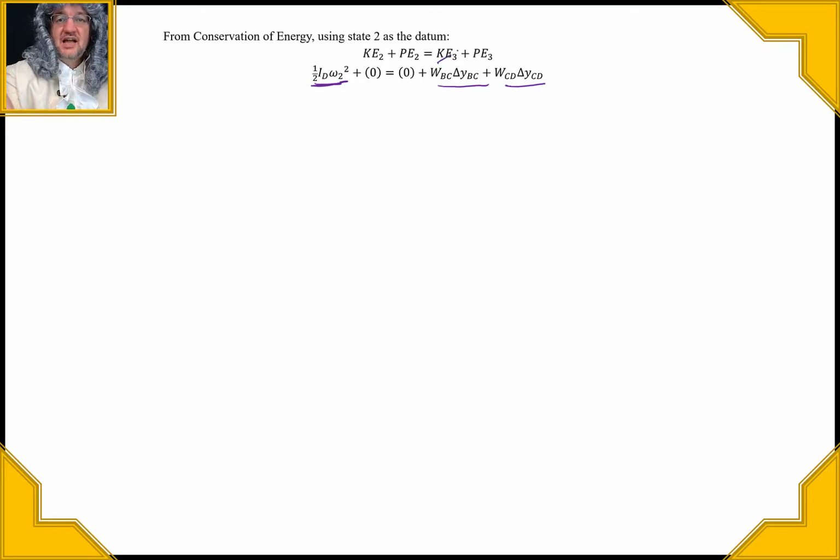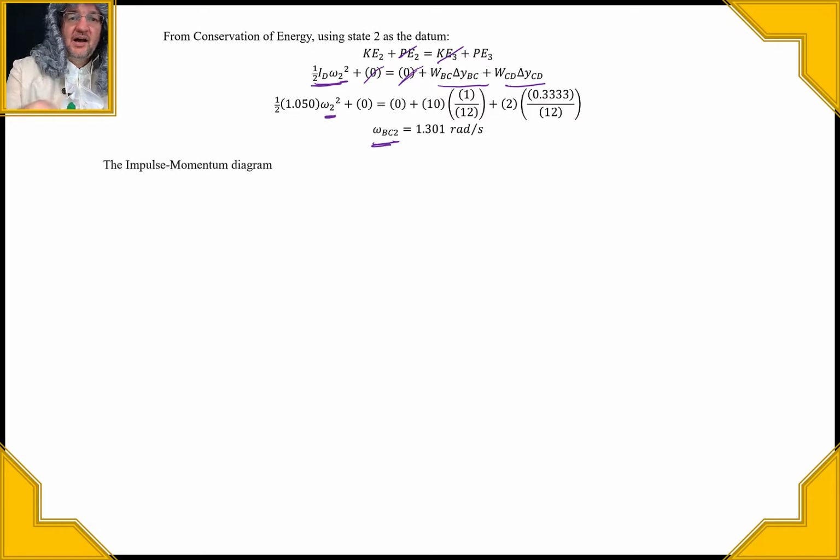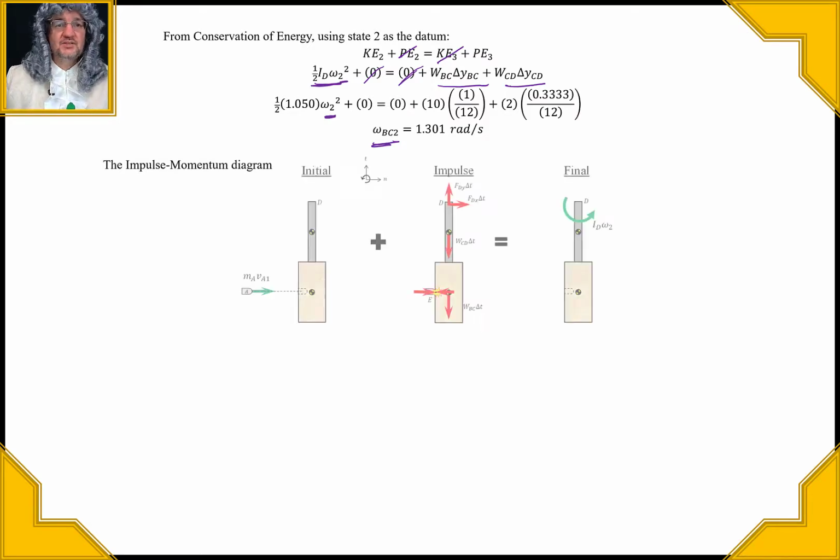So it's stopped, which is why the kinetic energy is there. And the potential energy at the datum is 0. We're able to find the angular velocity at state 2, of the entire thing together. And by the way, I'm including the bullet as part of this.